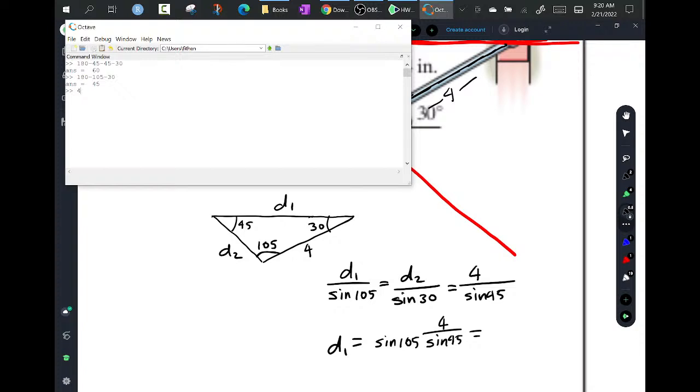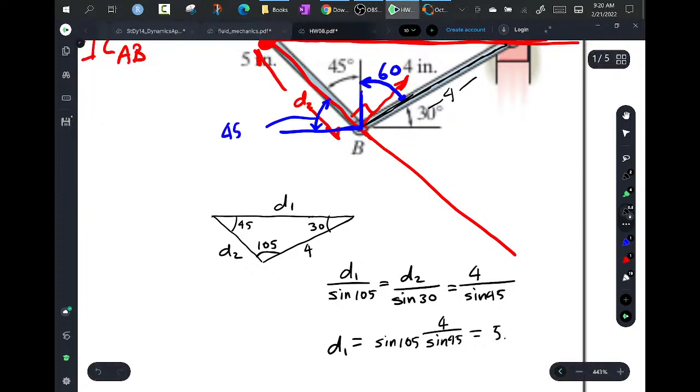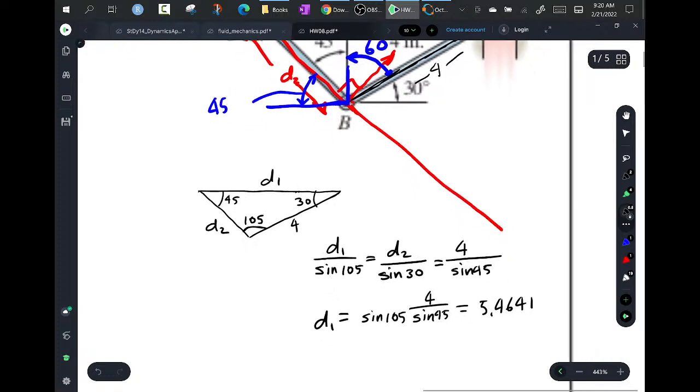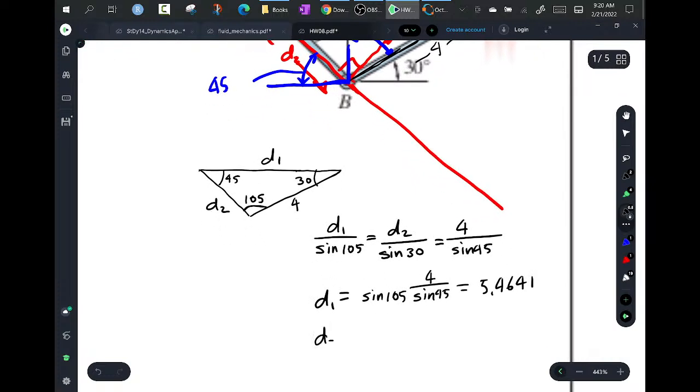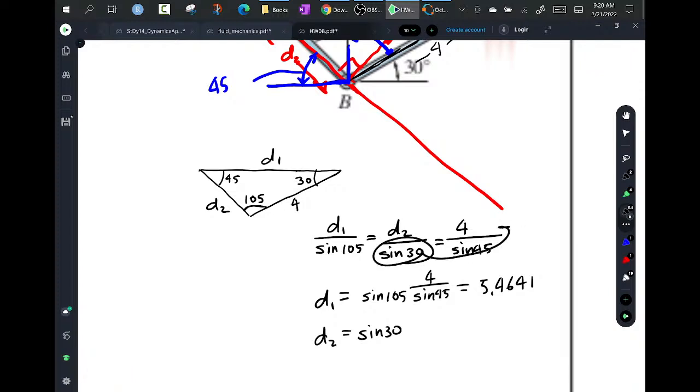4 times the sine in degrees of 105, divided by the sine in degrees of 45, gets me 5.4641. Now if I want to do D2, I just do the sine of 30. So I'm just taking this and multiplying it times the other side there.